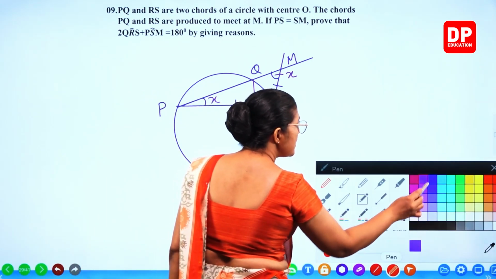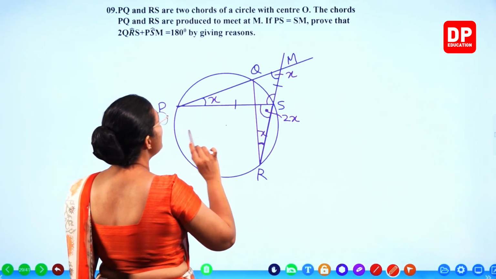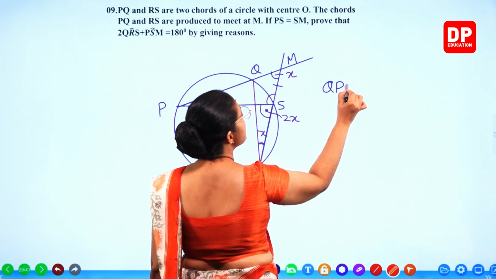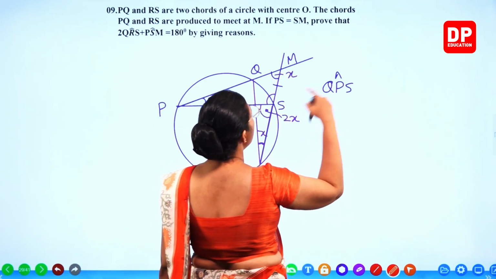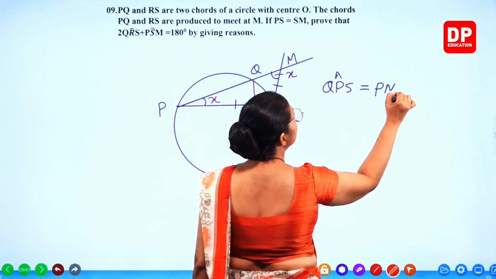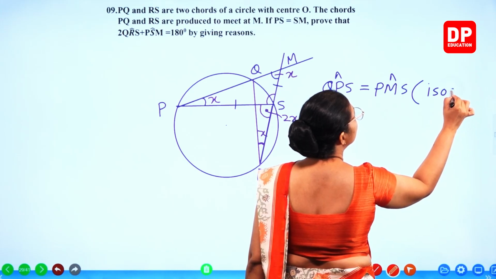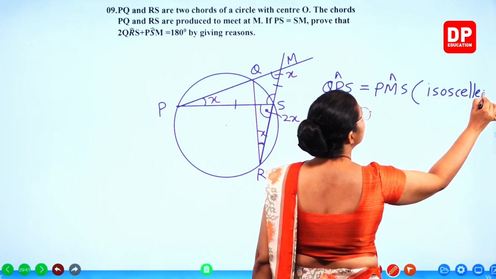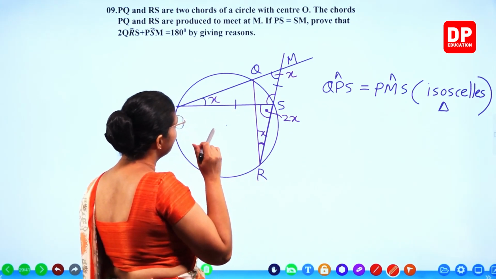So we can write, QPS angle is equal to PMS angle. What's the reason? It's an isosceles triangle.